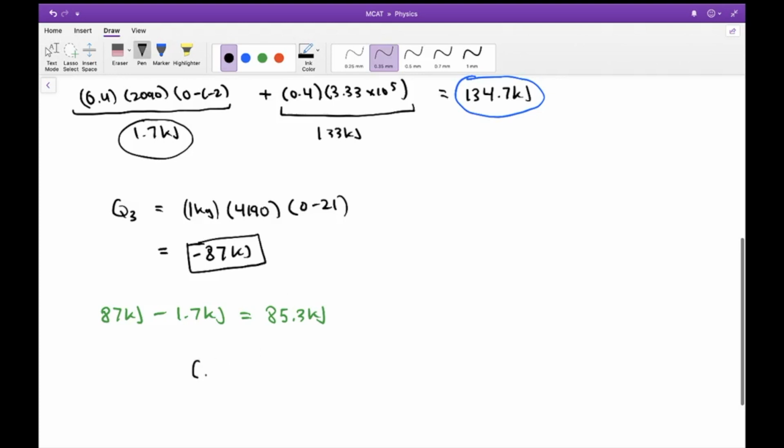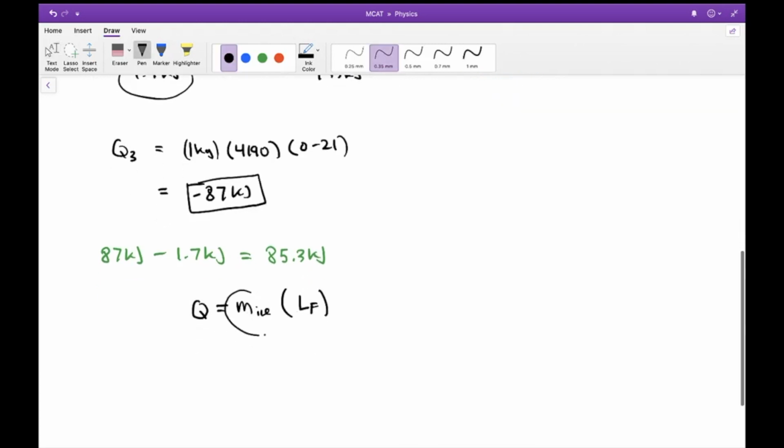So using our equation, Q equals the mass of the ice times the latent heat of fusion, we can calculate how much mass is going to be melted.